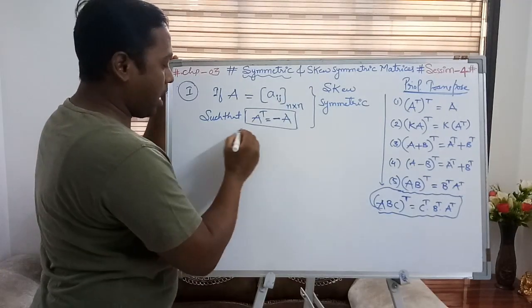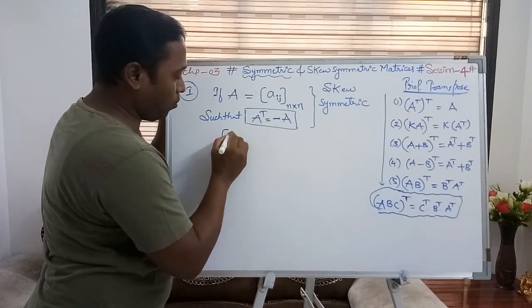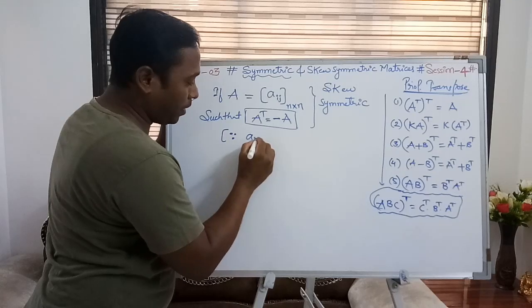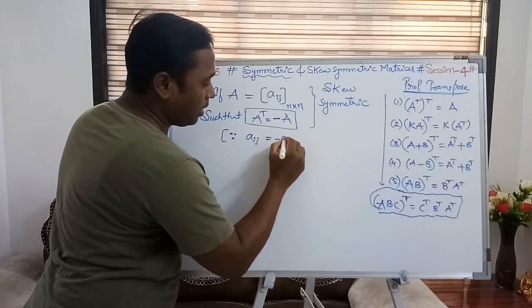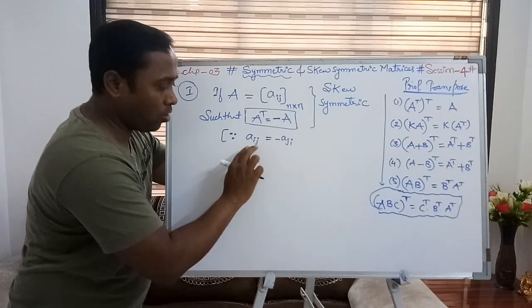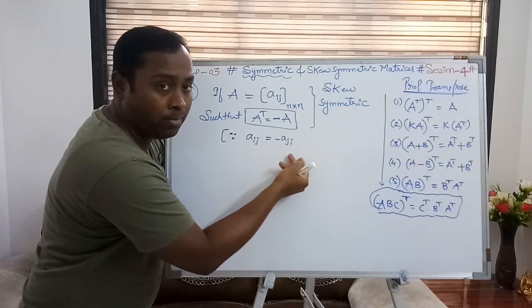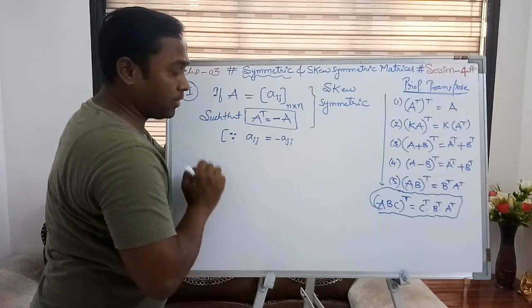It means I can also say that the element Aij becomes minus Aji. The order will be reversed: the A12 element becomes the A21 element, and the sign will also change. Remember this.